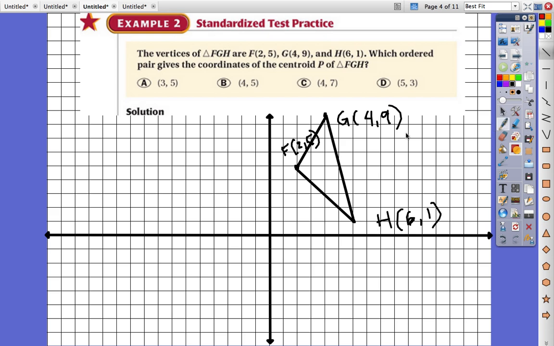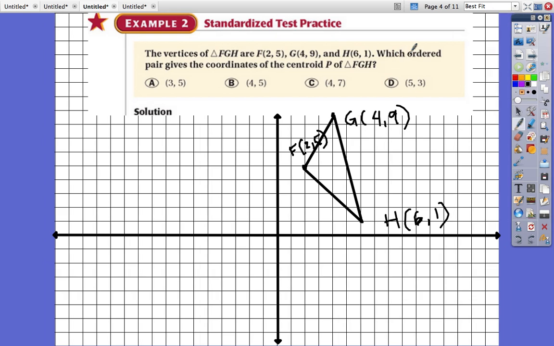Okay, so now we have our triangle. And the question asks, which ordered pair gives the coordinates of the centroid? Remember, a centroid is where all the medians intersect. The median is the segment that goes from the vertex to the midpoint.